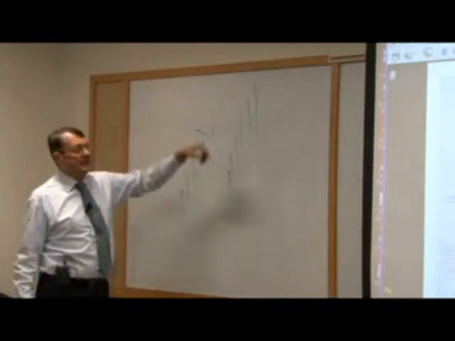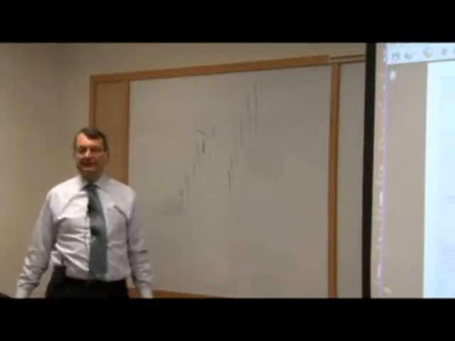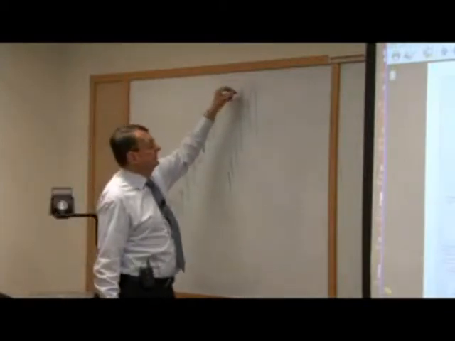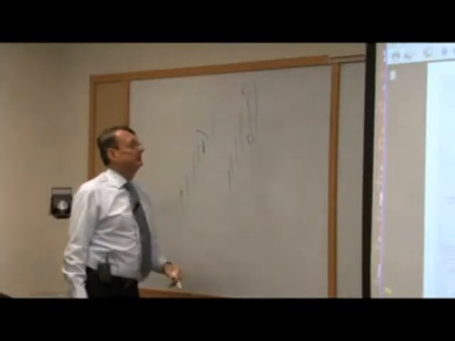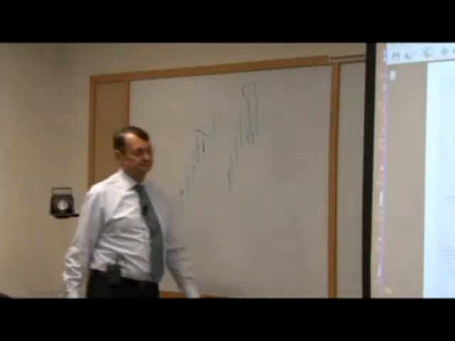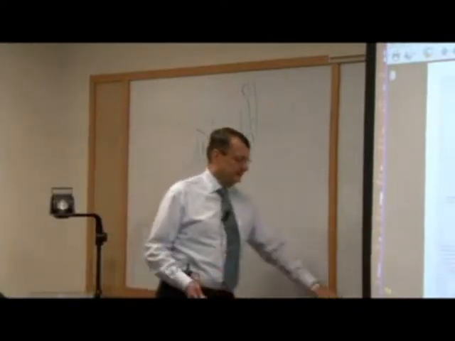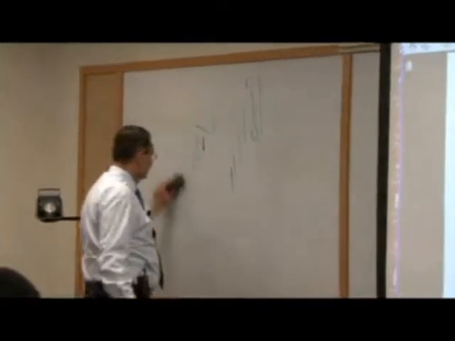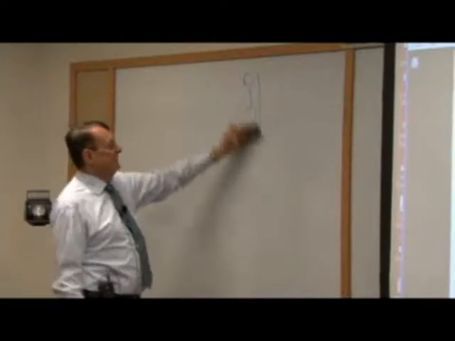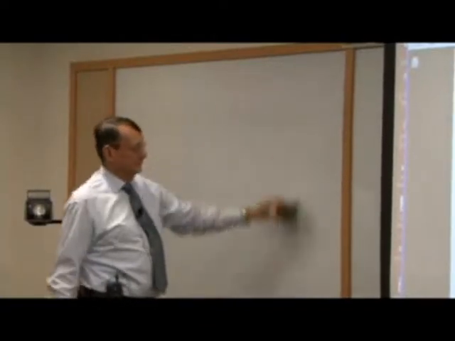And the bigger the range and the bigger the volume, the more significance to the pattern. And the bigger these distances are, the more significant the pattern. So inside days, consolidations, you expect a continuation of the trend. Outside days, usually reversal patterns.